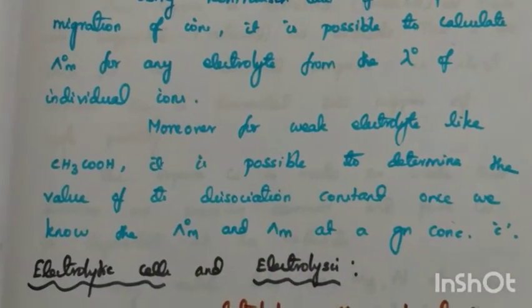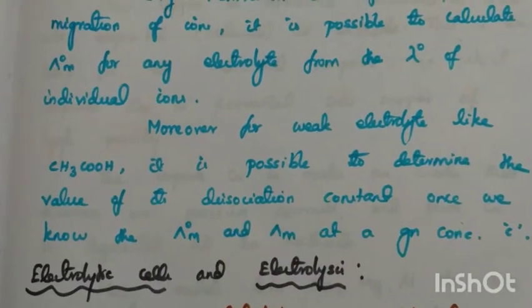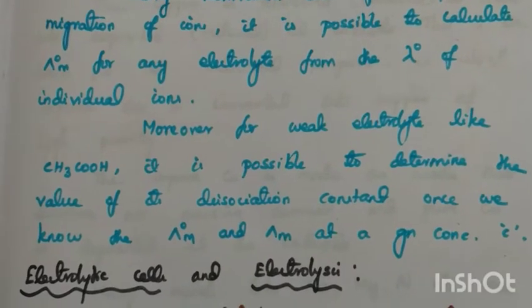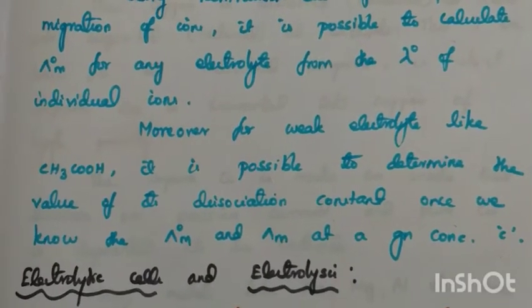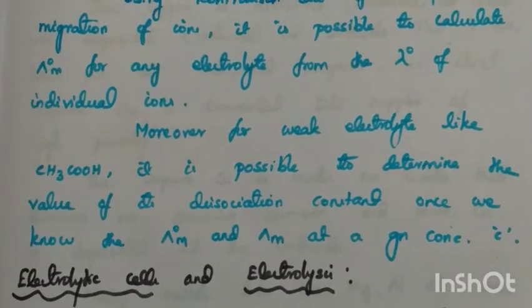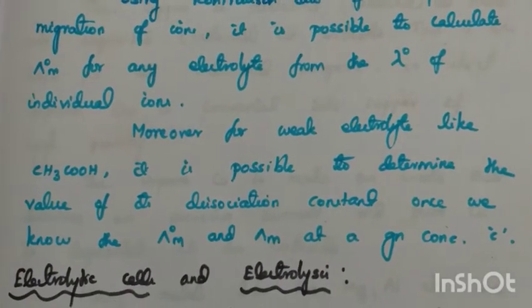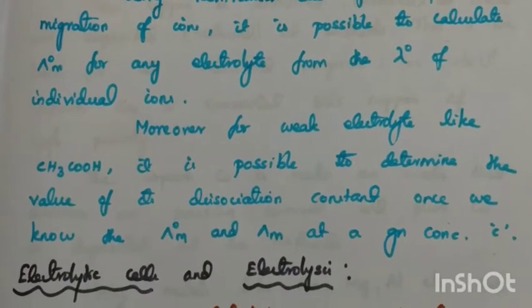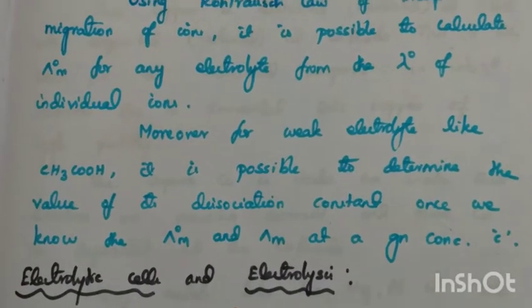For a strong electrolyte we can't calculate this, as in a strong electrolyte it is the individual ions. But for a weak electrolyte, we must know the molar conductivity and limiting molar conductivity. Then only the dissociation constant value is determined from the conductance.